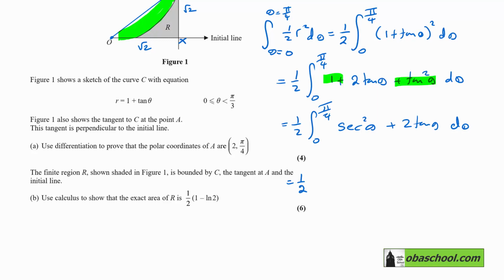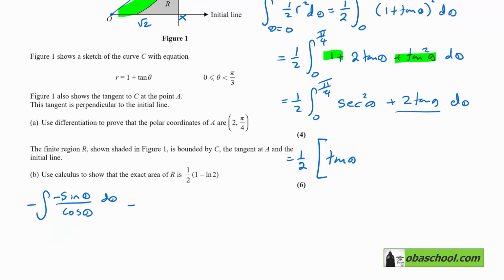So that is going to be a half. Sec squared integrates to tan, so we've got tan theta. Then, if we think about integrating tan theta, it's the integral of sine theta over cos theta, which we can think of like that, and then the top is the differential of the bottom. So it's negative log cos theta, or log sec theta, whichever way you want to look at it. So it's take away 2 log cos theta.